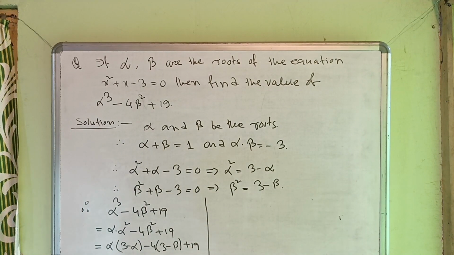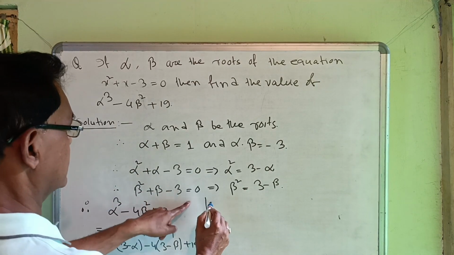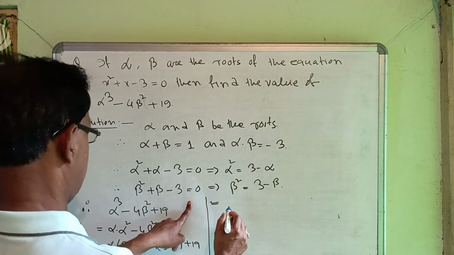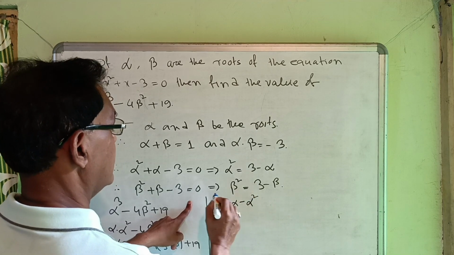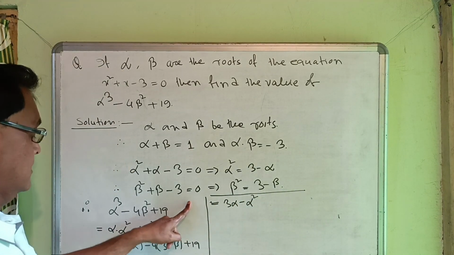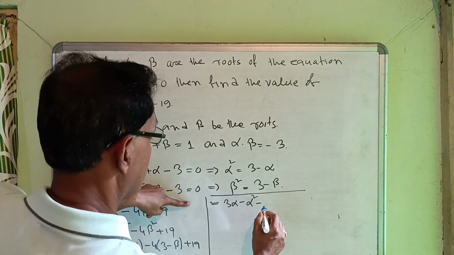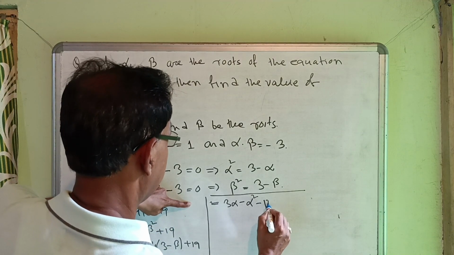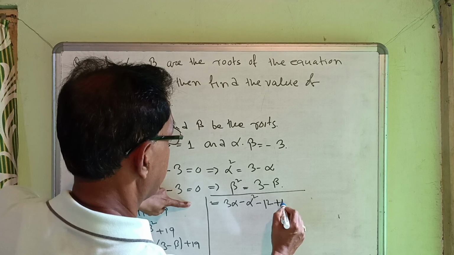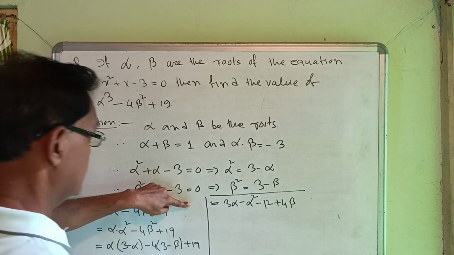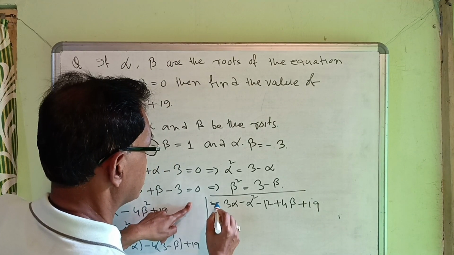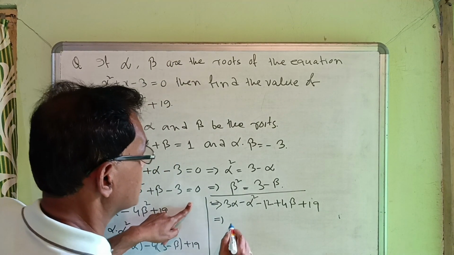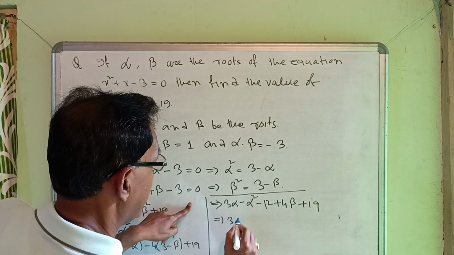Next, if we multiply this, we get thrice alpha minus alpha square minus 12 plus 4 beta plus 19. This is equal to thrice alpha.